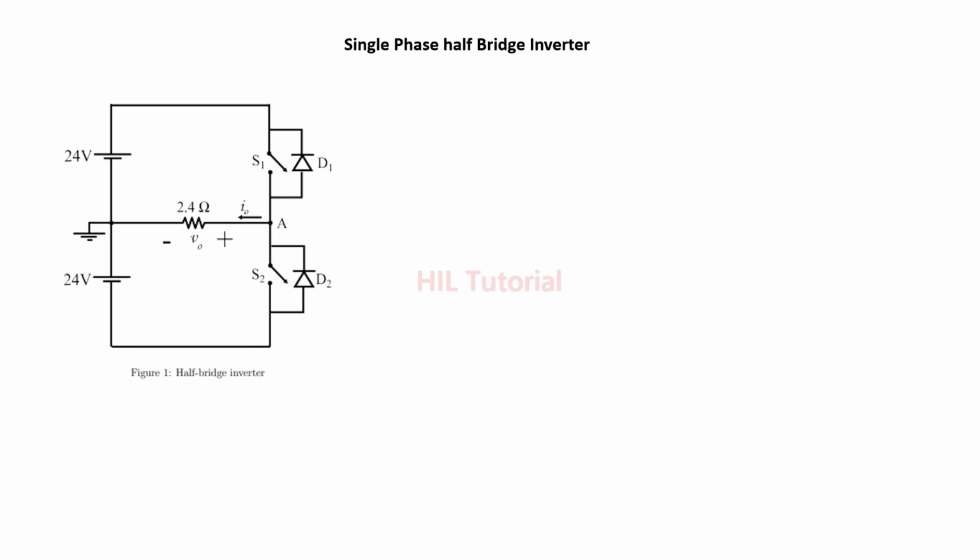So in this way the single phase half bridge inverter works, and I believe you have understood the working principle, but my purpose is to tell you how to simulate a single phase half bridge inverter in any simulating environment like Simulink.